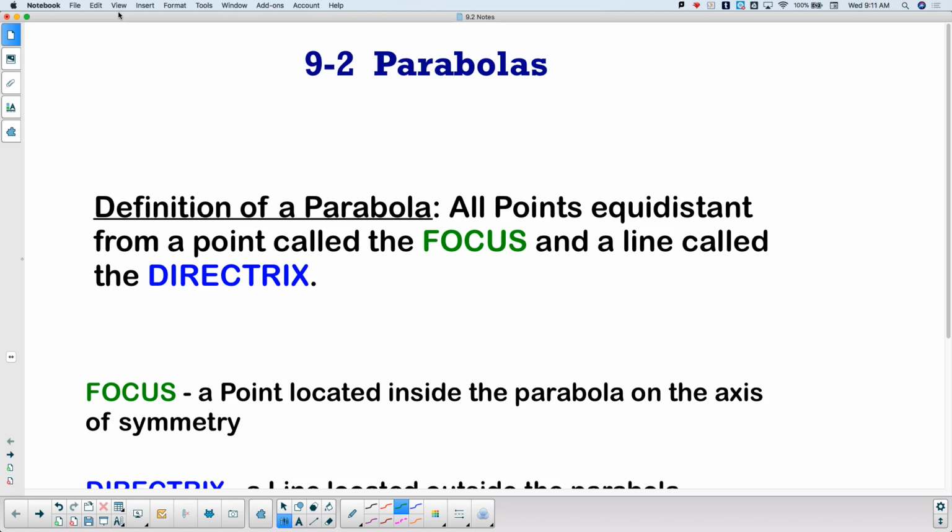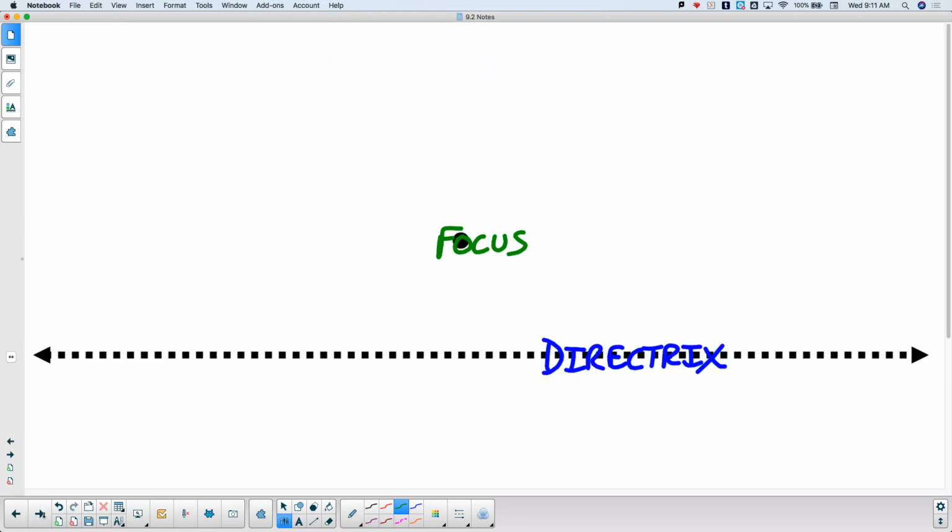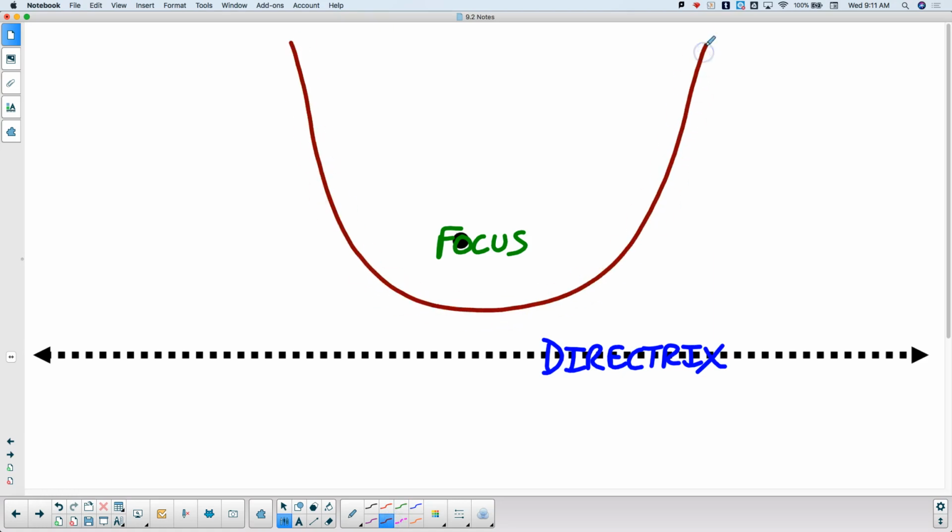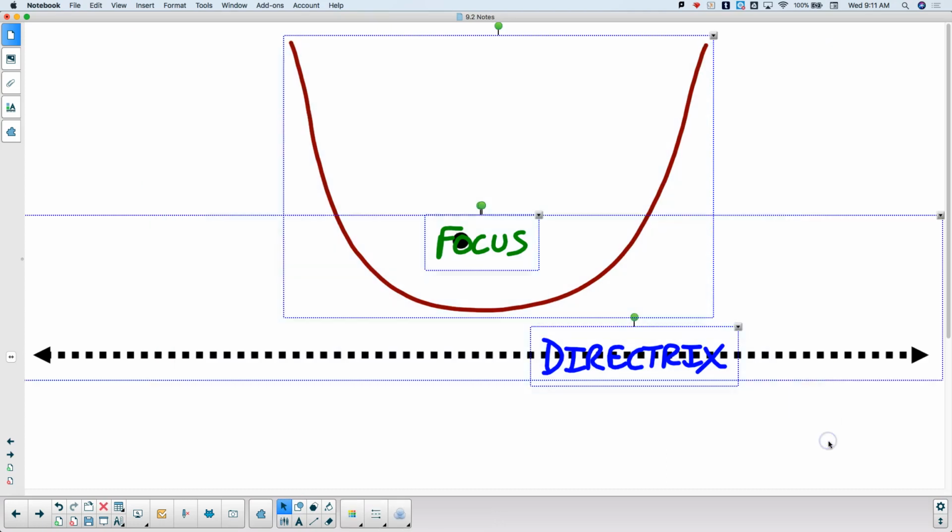So inside means, that tells me that if the focus is inside the parabola, then wherever that parabola is, that focus has to be inside of it.